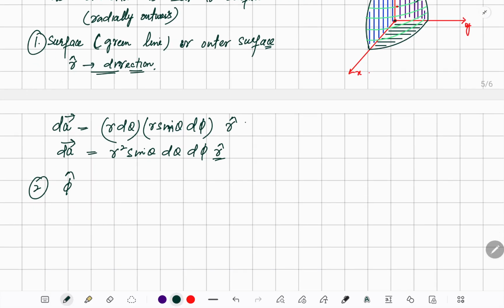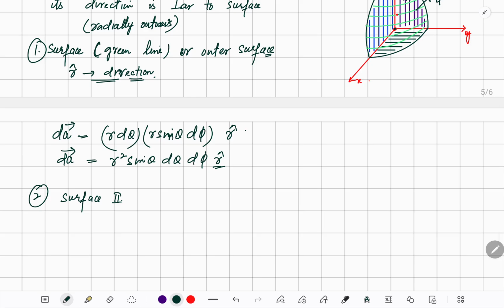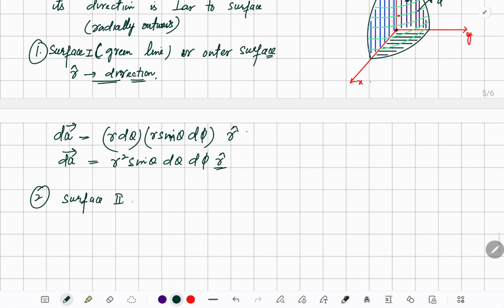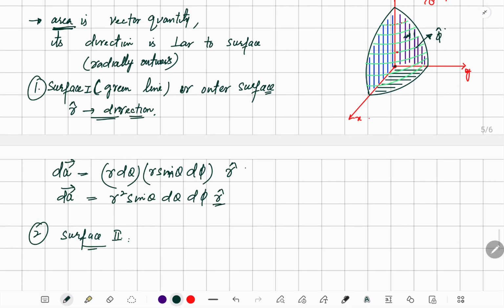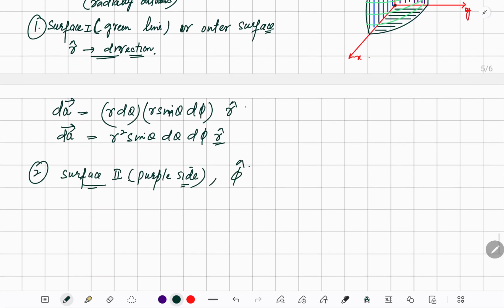Let's say this is the surface 2. So this one was the surface 1. Now surface 2, I would say a bit purple side. Now its direction is phi cap. Now what would be its area?